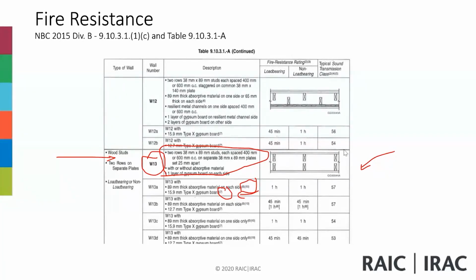So this type of assembly is going to be filled with thick absorbent material, and then I have 15.9 Type X gypsum board. So if I'm using W13C, what do I get in terms of fire rating for load bearing and non-load bearing? What's the fire resistance rating?